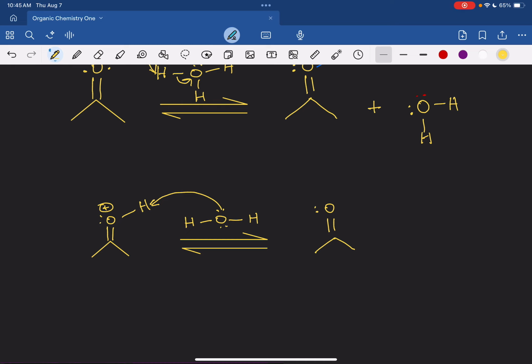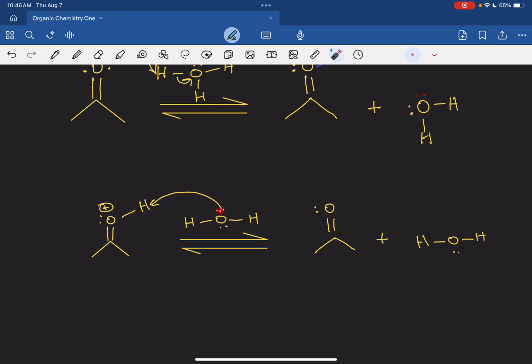Remember, when you draw an arrow from a lone pair to a bond, you're making a bond with this hydrogen. So you end up with plus, rewrite H2O. I'm putting this back and these back because I didn't use them up.